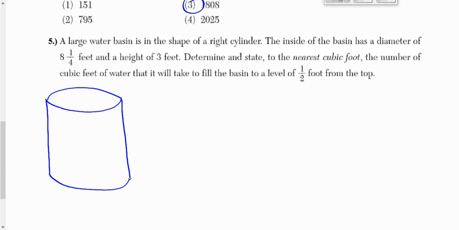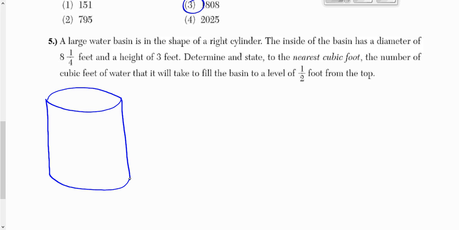What's the catch with this one? Somebody? That's the sketch. What's the trick? You have to subtract a half a foot from the height. Yeah, they're only filling it to within a half a foot from the top, right?